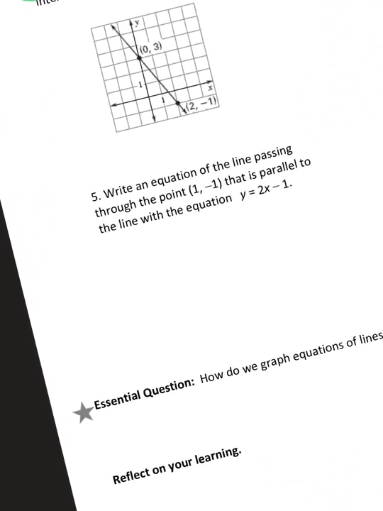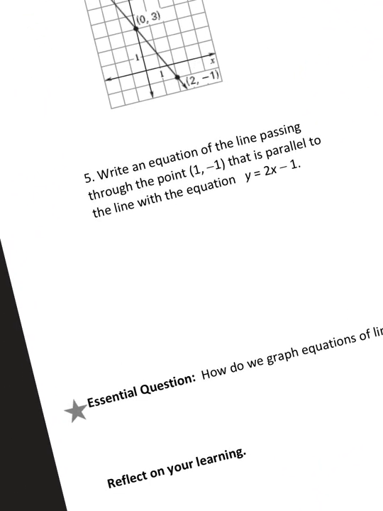Okay. So for number 5, it says write an equation of a line passing through the point (1, -1) that is parallel to the line with the equation y equals 2x minus 1. So again, to write the equation of a line, we need y equals mx plus b. We are given the coordinate (1, -1), and we know that our line is parallel to this line right here, okay? So remember from the previous lesson that lines that are parallel have the same slope. So we identify the slope in this equation as being 2, so then the slope of the parallel line will also be 2.